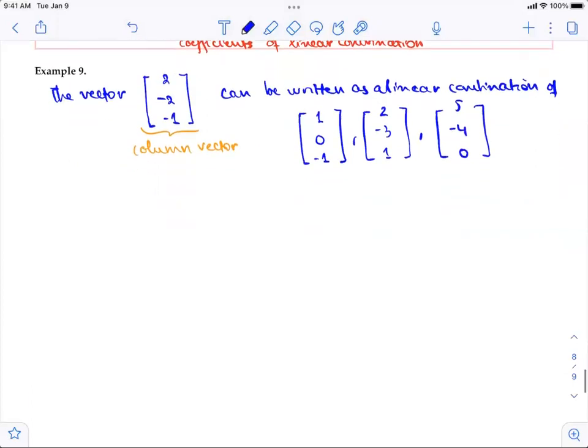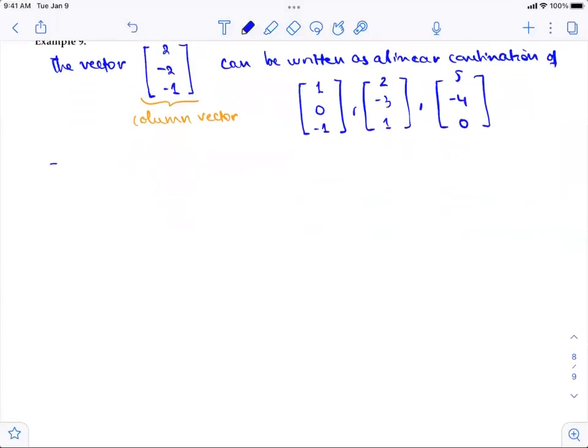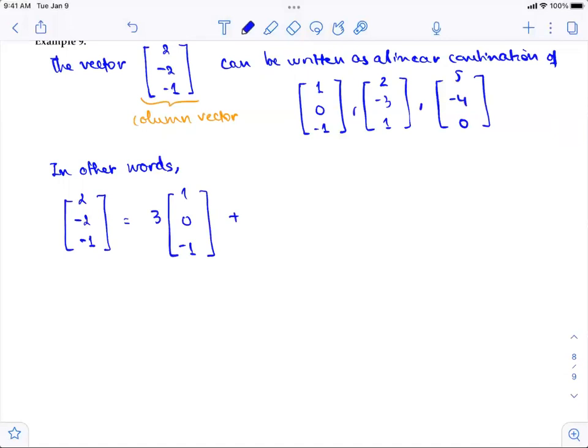So in other words, the vector 2, -2, -1 can be written as a linear combination of these 3 vectors, or this is 3 times 1, 0, -1, plus 2 times 2, -3, 1, and minus 5, -4, 0.